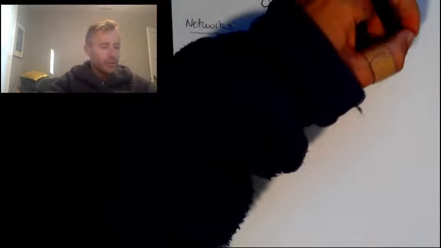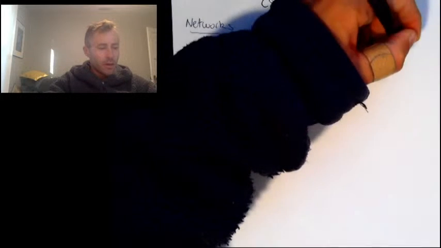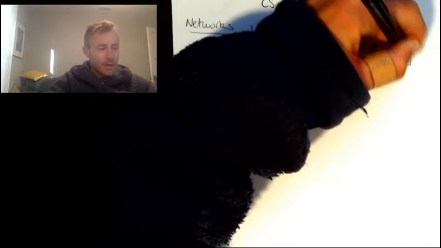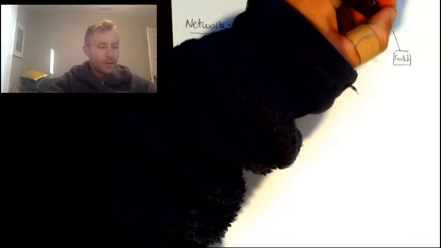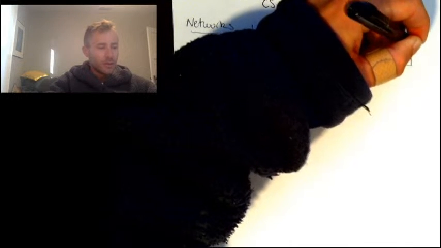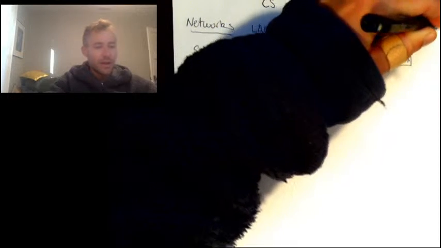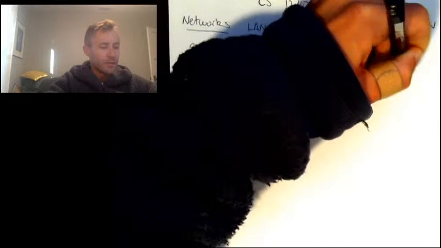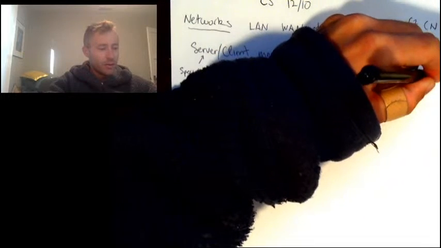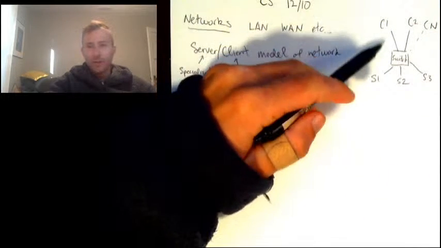So you have a switch or something, and you might have clients, client 1, client 2, all these clients, say client N, and then you have a couple of different servers, maybe only one server, but you could have multiple servers in the network, and the clients are requesting services from the server.